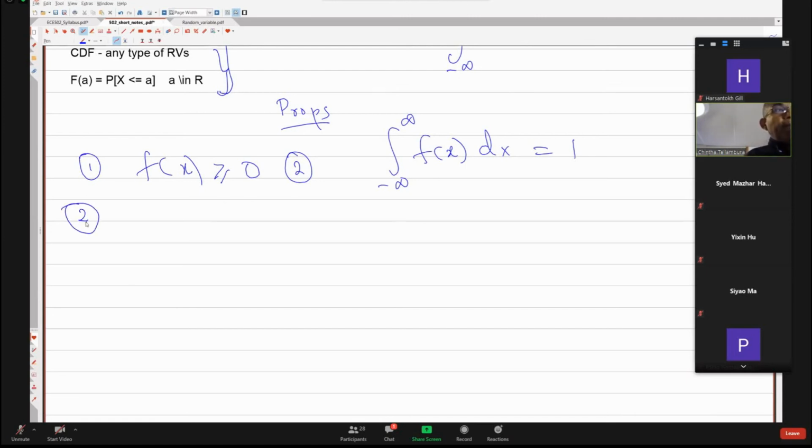So likewise, number 3, I have some properties of CDF. So first of all, CDF at negative infinity should be equal to 1. Sorry, my bad. Should be 0. Okay. And F at positive infinity, this should be 1.